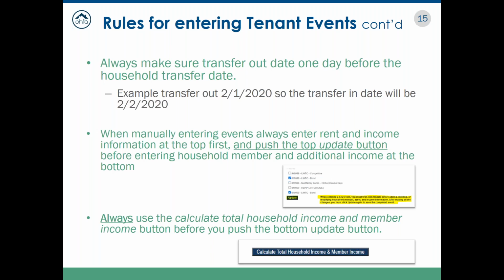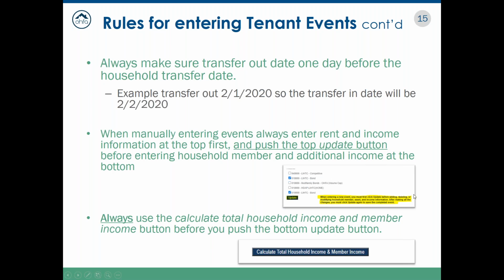Next is when manually entering tenant events, you always enter the income and rent information at the top first, and then you have to push this top update button. So on the event detail screen, there are 2 update buttons. And anytime you want to open up the bottom portion to update household member info or to update your income and asset information, you have to push this button first at the top.